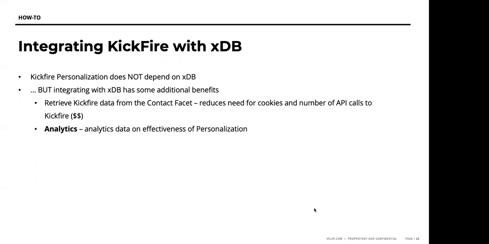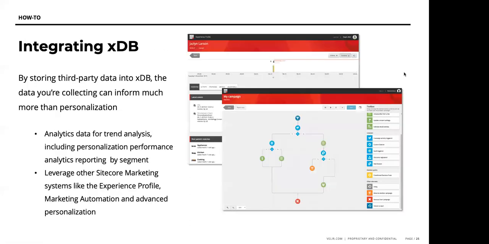It also provides you a lot more capabilities with analytics, so that you can get analytics data on the effectiveness of your personalized content, just by having that data included in XDB. It is exposing that data to the rest of the XDB ecosystem as well.